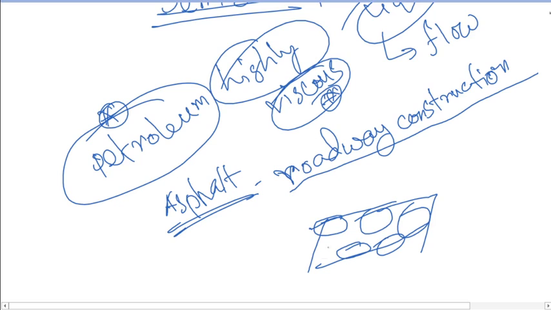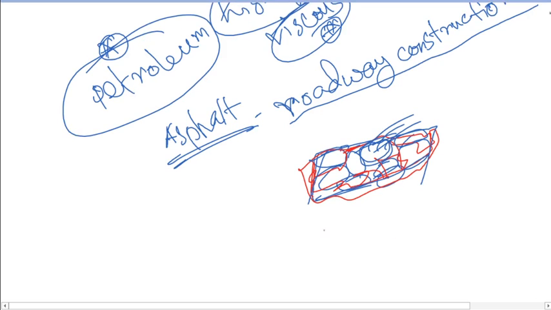To make these aggregates stay in contact with each other and not get off the pavement suddenly, to keep them jointly together, the bituminous materials can be used in between, acting as a binder so that all the aggregates stick together.